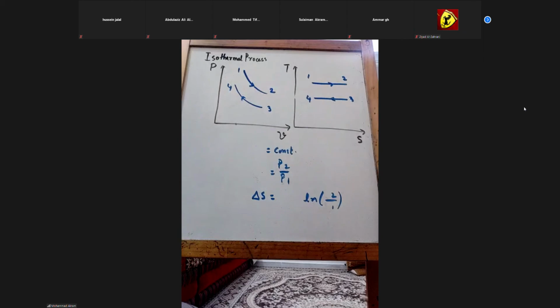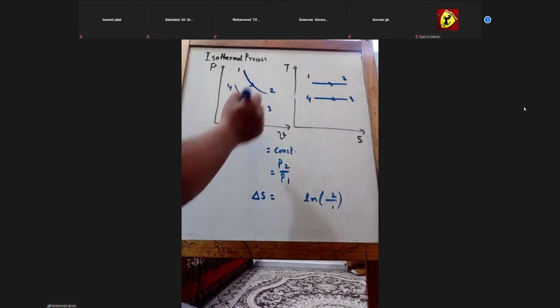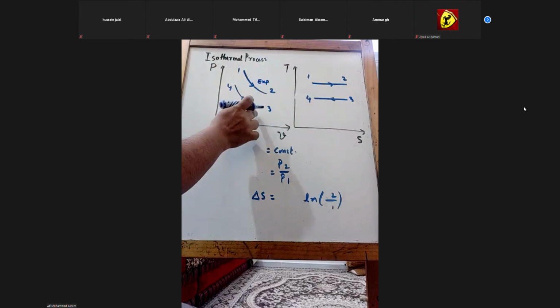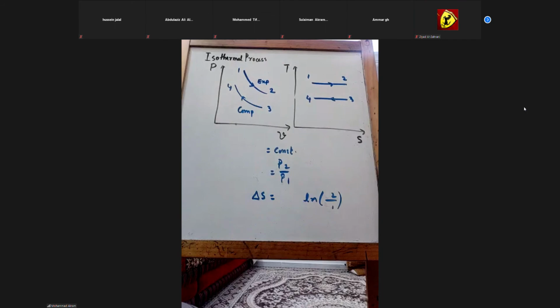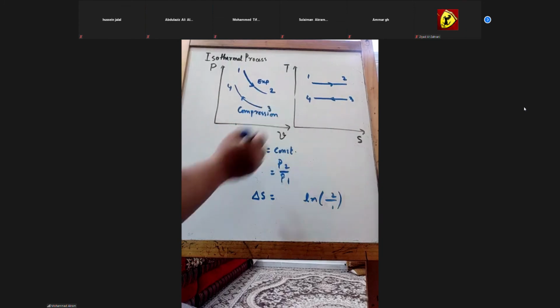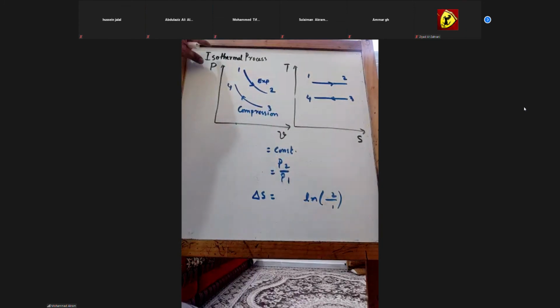3 to 4. Now, this process, 1 to 2 is called expansion, and 3 to 4 is called compression. Are you understanding? So overall we call it isothermal expansion and isothermal compression.